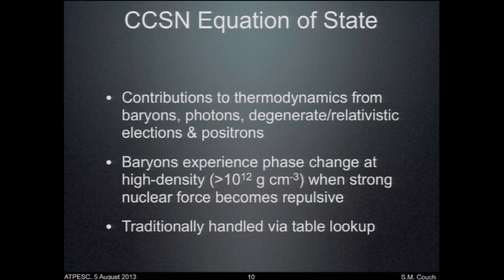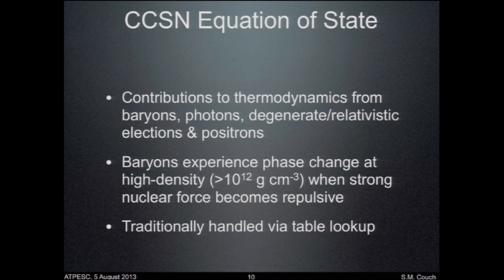So I call this the nuclear equation of state. When they get packed that tight, the baryons experience repulsion because the strong nuclear force becomes repulsive. This is very important to the physics of core collapse. When that happens, a shock gets launched, and that's what I call core bounce. I've referenced this in the deleptinize unit. When that phase transition happens, that's bounce, and it's a very important thing to capture in the physics.